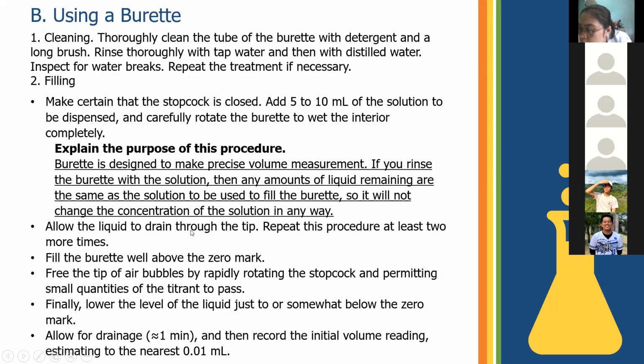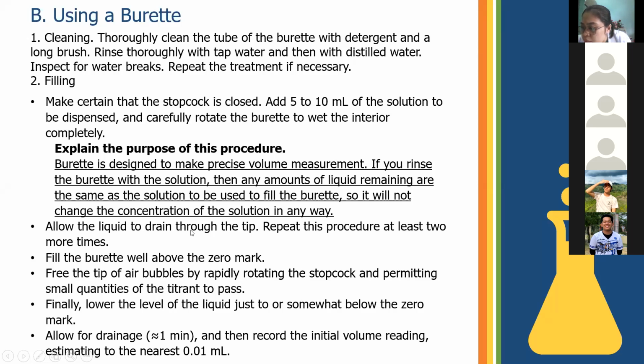So the next step is to allow the liquid to drain through the tip. Repeat this procedure 2 or more times. Next, fill the burette well above the zero mark. Free the tip of air bubbles by rapidly rotating the stopcock and permitting small quantities of the titrant to pass.